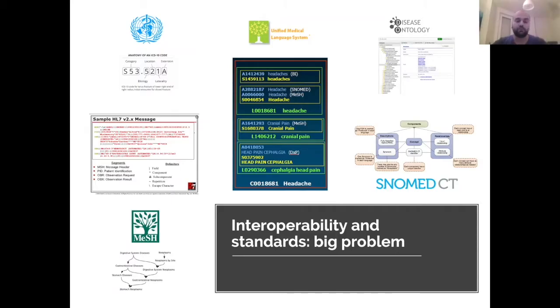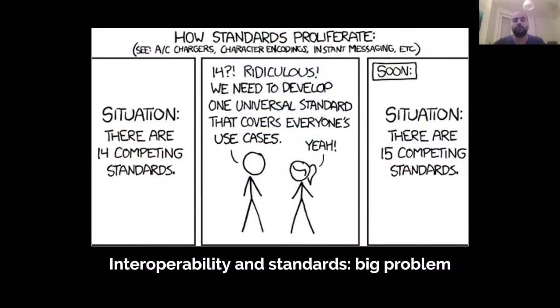The importance of showing all this is the problem that standards are proliferating because we are always trying to have only one, and finally we have 15 competing standards.